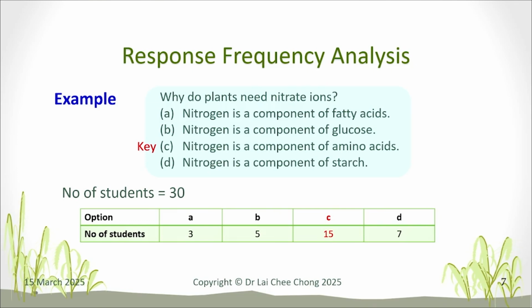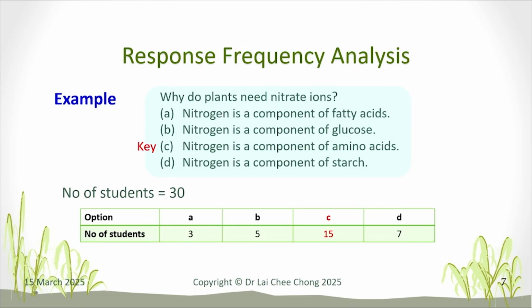And the only one that uses nitrate is amino acids. The kids must remember all the formulas there, fair enough. Each one has its own formula, okay? And they will see that the letter N, which is for, what's that? Nitrogen, am I right? Will never be found in any of these three compounds except amino acids. So that's the correct key.